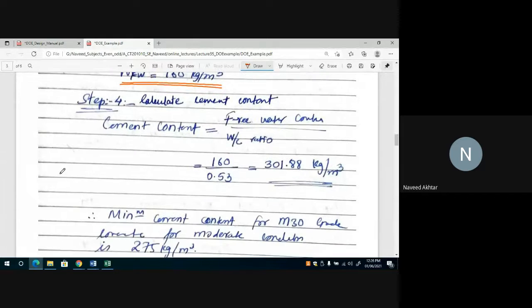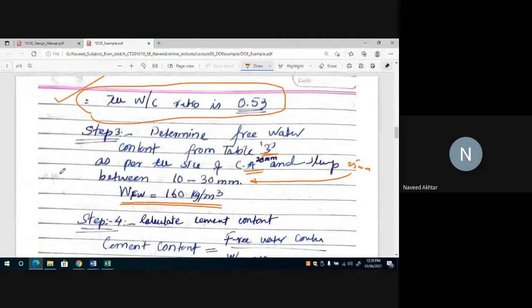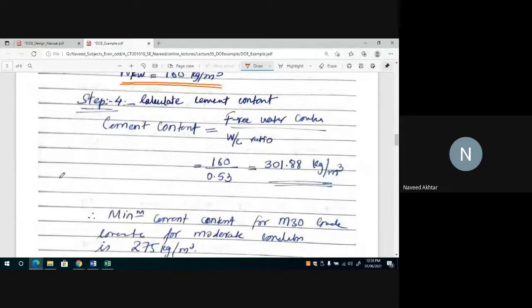Now, in step number 2 and step number 3, we have already found out the water to cement ratio, and that is nothing but 0.53.